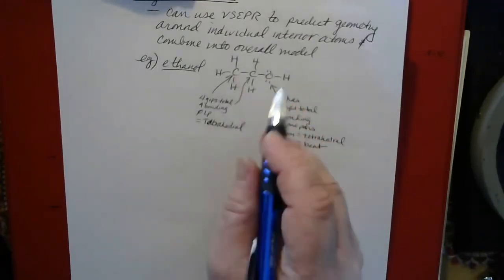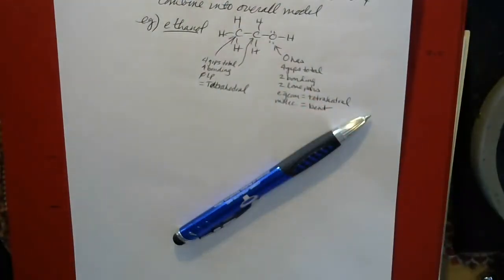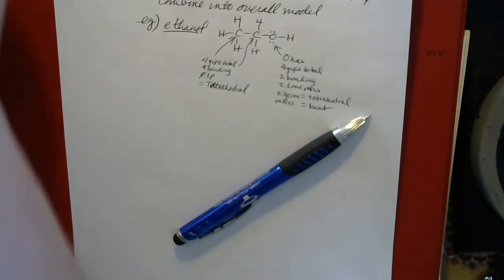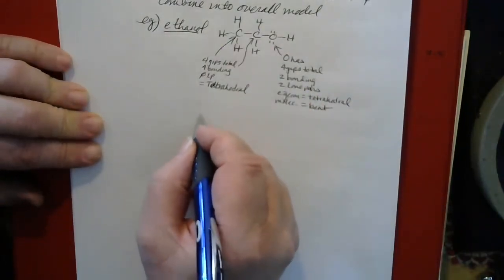And then taking these facts into account, you can actually build a larger model, or you could think up a larger model in your mind and come up with what it might look like.